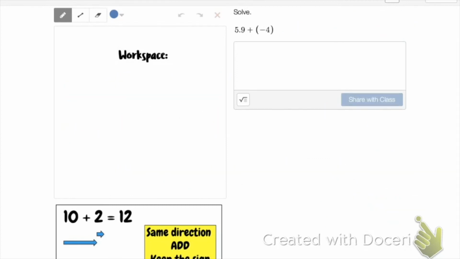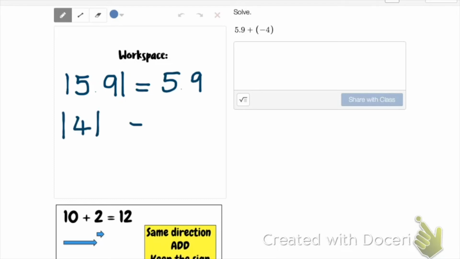My next problem is 5 and 9/10 plus negative 4. I have to do the same thing. I take the absolute value of 5 and 9/10, which is 5 and 9/10. Then I take the absolute value of negative 4, which equals 4. When I compare, I realize that 5 and 9/10 is more than 4.